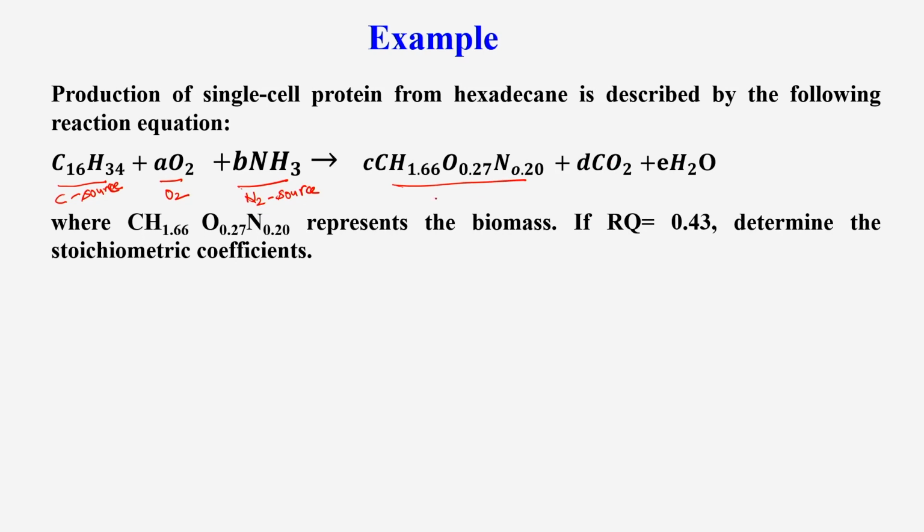These are your products, CO2 and H2O. So, how many unknowns are here? 1, 2, 3, 4 and 5 unknowns are there. So, we require 5 equations. RQ is given over here.